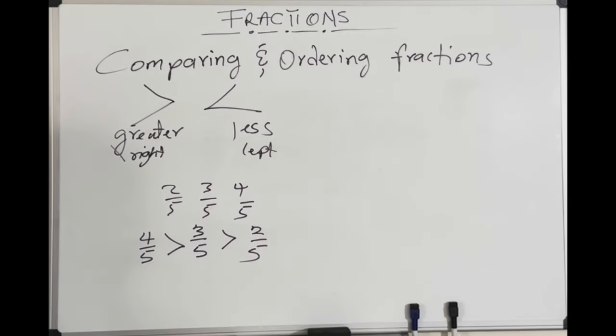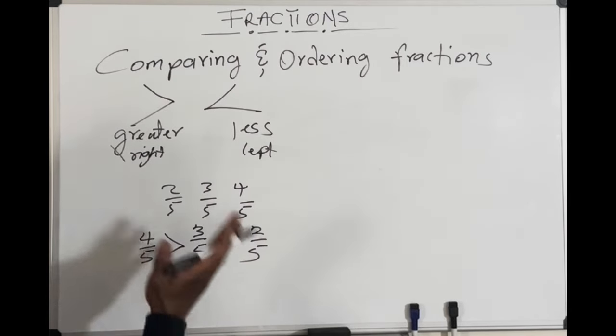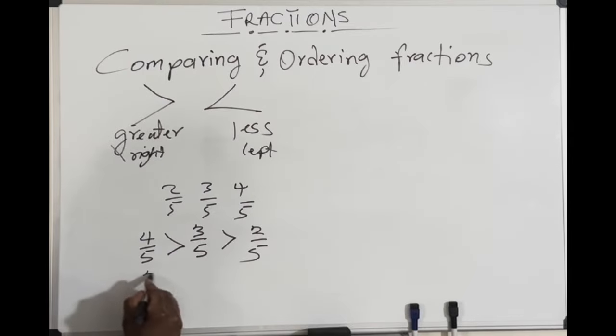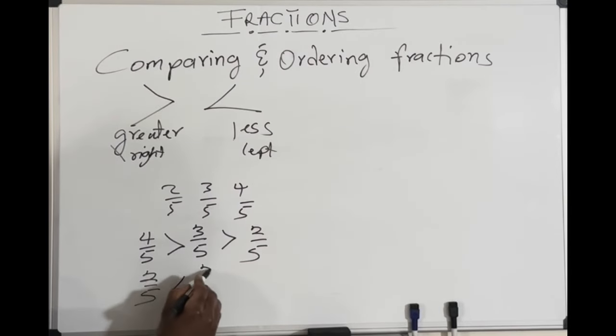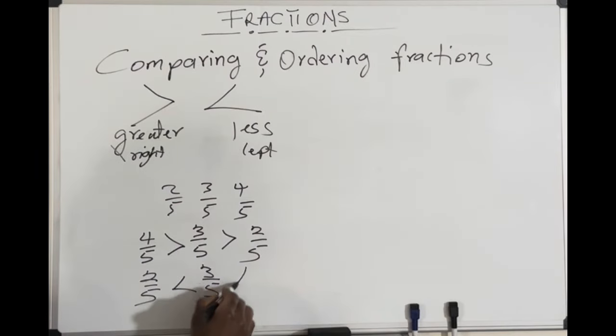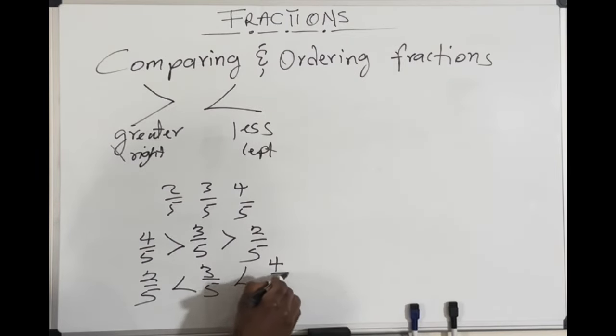Very easy. And then when we are going vice versa, 2 over 5 is less than 3 over 5, and then 3 over 5 is less than 4 over 5.